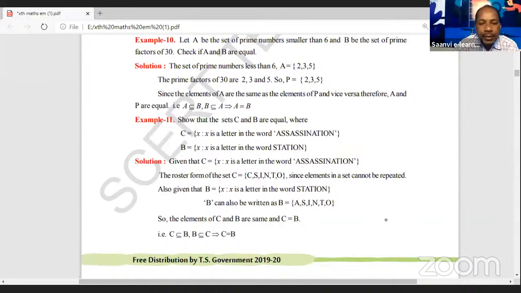If we write them in roster form, first of all set C. What elements will come in set C? According to the definition of roster form, if we write an element once, it should not be repeated again.